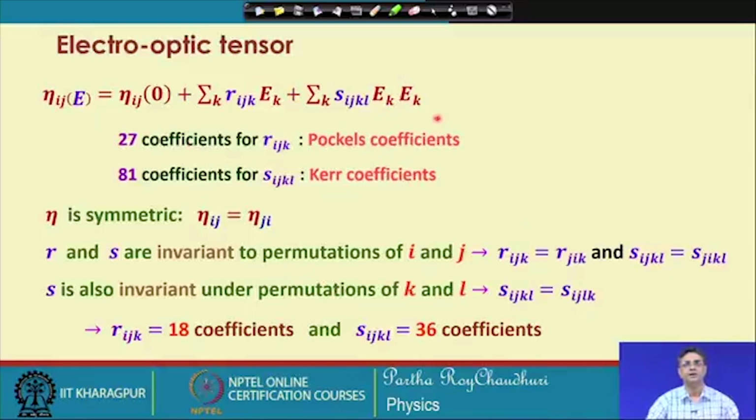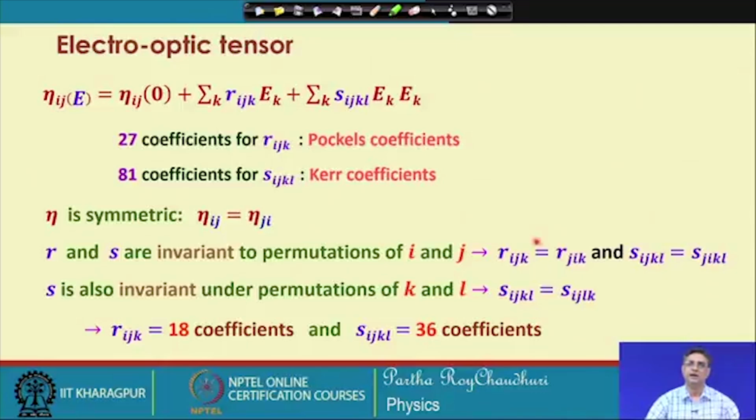So, this is the compact equation, and you can see that this will give you 27 Pockels coefficients, and this will give you 81 coefficients with Ek and El. So, eta is symmetric, eta ij equal to eta ji, and S and R are invariant to permutations of i and j.